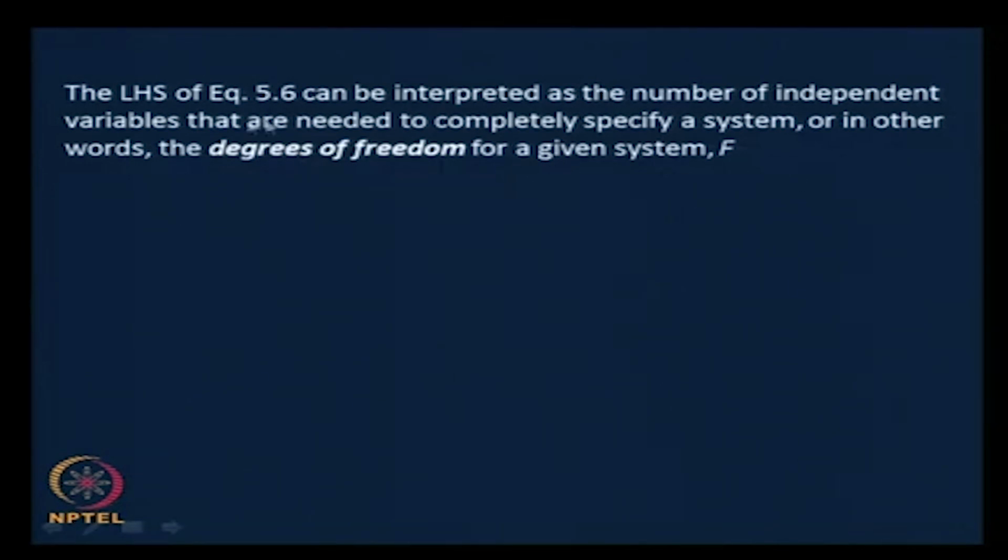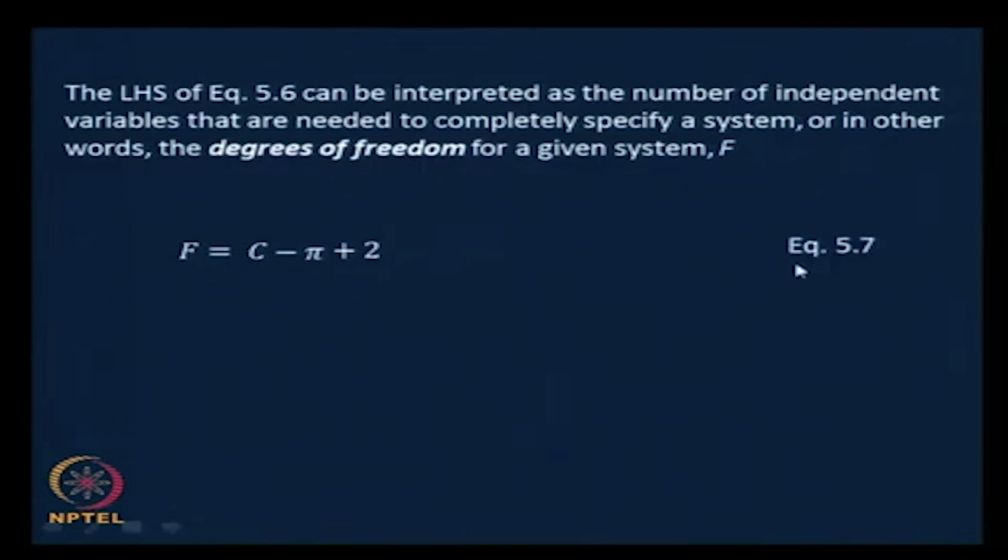Let us indicate the number of degrees of freedom by f, and therefore f is nothing but C, the number of components, minus pi, the number of phases, plus 2. This is the number of variables that are needed to completely specify the system.